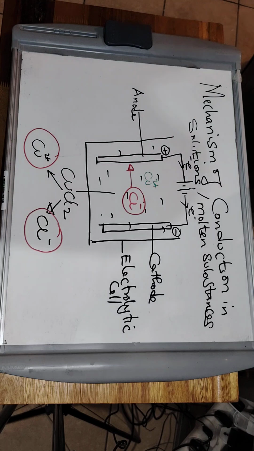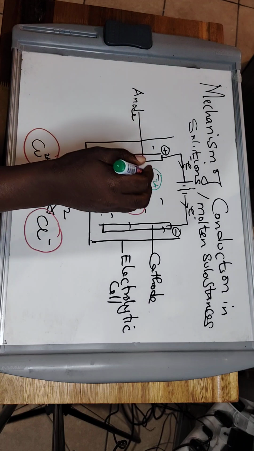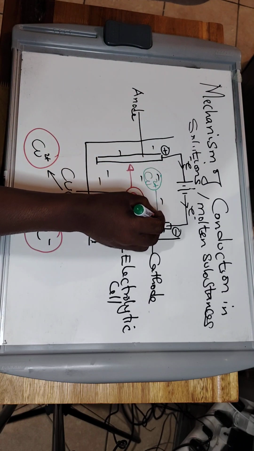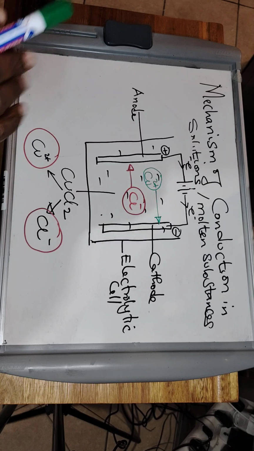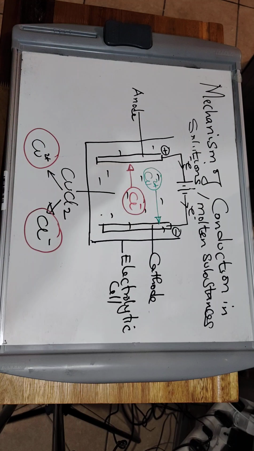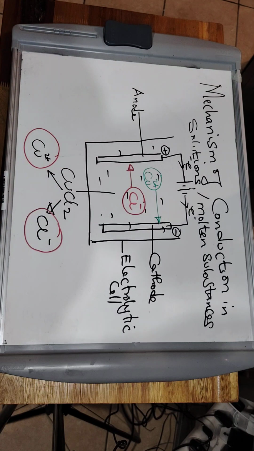When they reach there, they undergo chemical change, and that chemical change is what we denote as electrolysis. So technically, that is the background and the foundation of electrolytic cells. We are going to start from there when we meet again. Thanks.